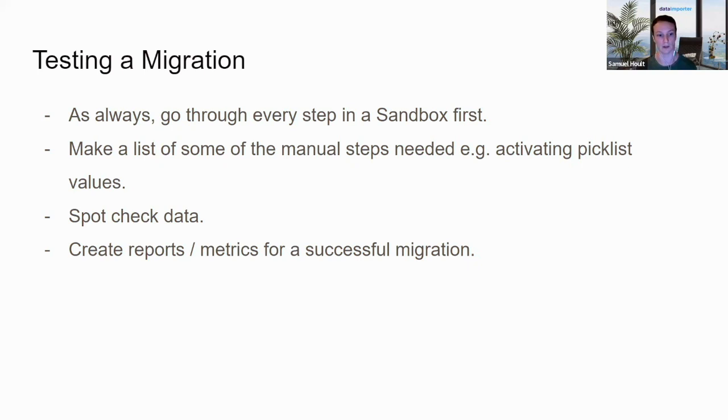So that's where I would, again, try and cover things off for yourself, create reports, have some sort of metrics. Another metric you might have is, we want to have at least 75% of our contacts with an email address loaded, right?